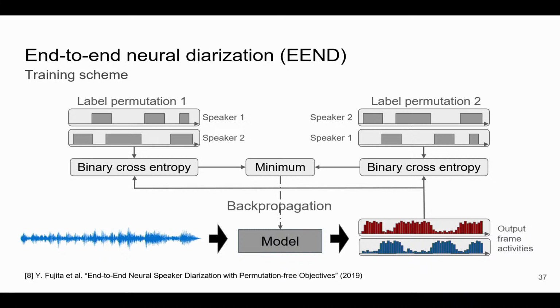You take both of them, calculate binary cross-entropy for each, and then pick whichever is lower. That's probably the best the model can do at this point, and I will backpropagate the network using that output. So I will train the parameters using that choice. That's the basic idea of how this happens.